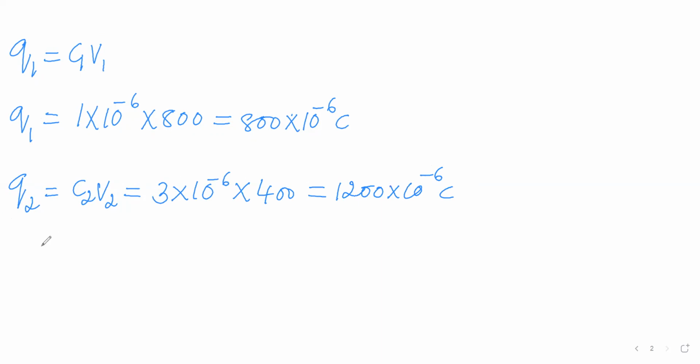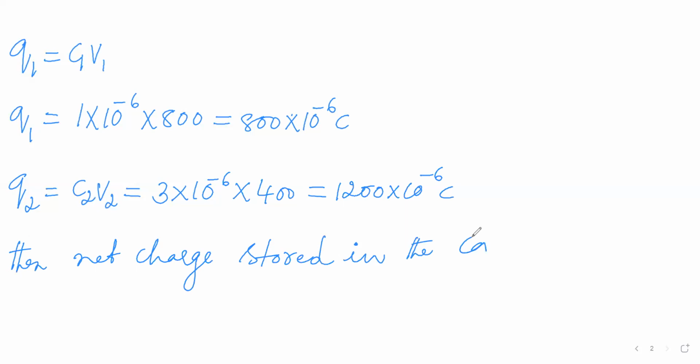Now we have to find the common potential difference after connecting the two capacitors. The net charge, that is the total charge stored in the combination, is Q equals Q1 plus Q2.